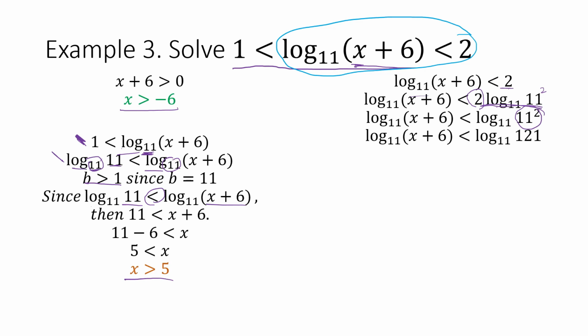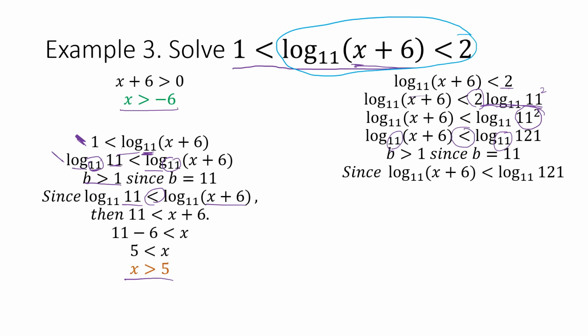Since both left and right sides of the inequality are expressed as logarithms with the same bases, we now take a look at the value of b, which is 11, which again is greater than positive 1. If b is greater than positive 1, then the symbol of the inequality will be retained.